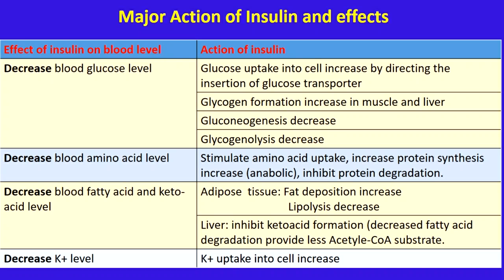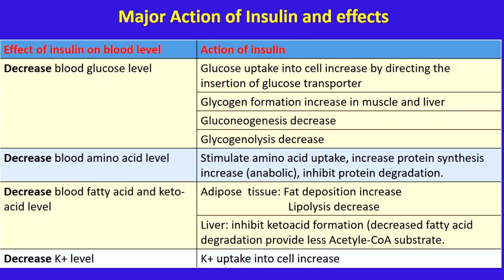So what happens to the amino acid? Because insulin can stimulate amino acid uptake, it also increases protein synthesis in the tissue. Okay, it inhibits protein degradation. So the final outcome of insulin is to reduce blood amino acid level.